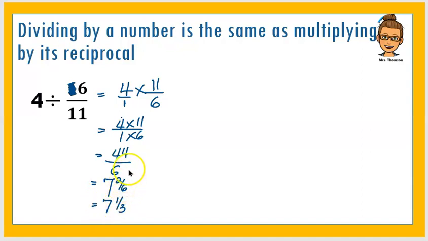If you don't know how to change an improper fraction into a mixed number, there's a video on that, so you can go and look at it.